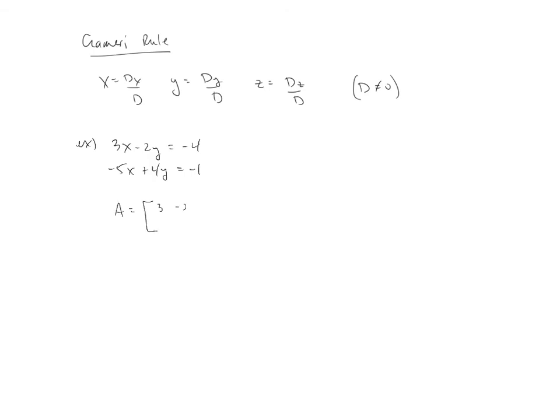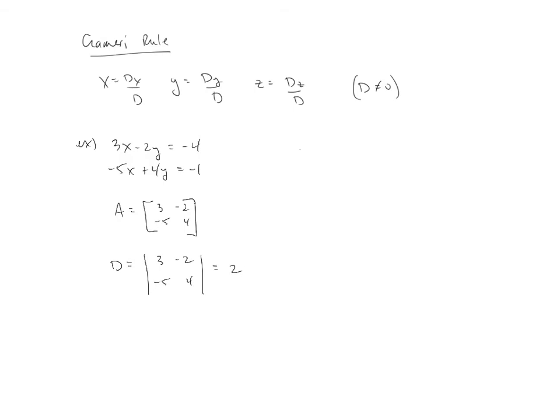So 3, -2, -5, 4. And so the determinant is actually going to be the determinant of matrix A, 3, -2, -5, 4. And so if you go ahead and you compute that, you actually end up with a 2, which is non-zero, which means we can go ahead and move forward.